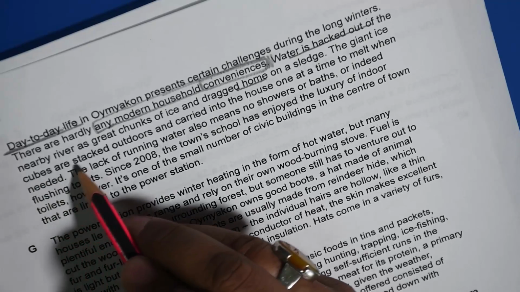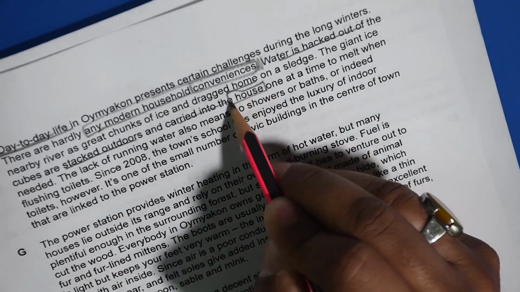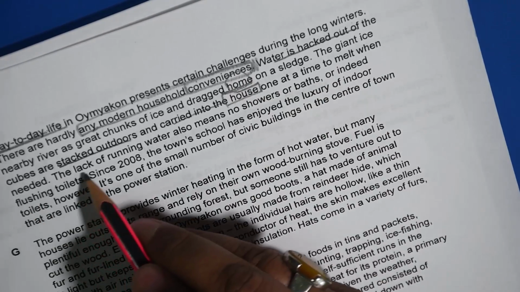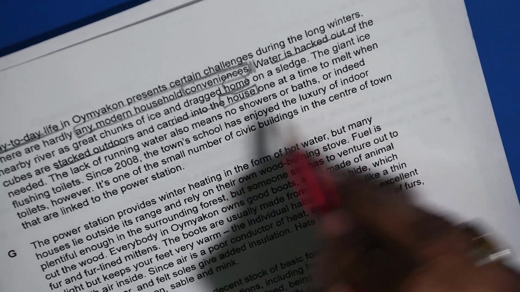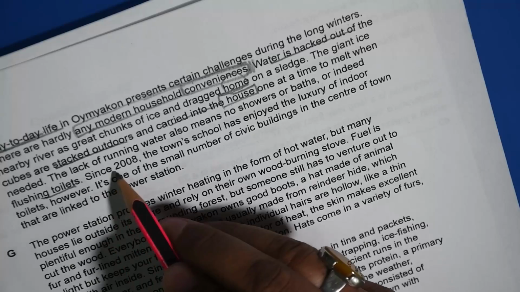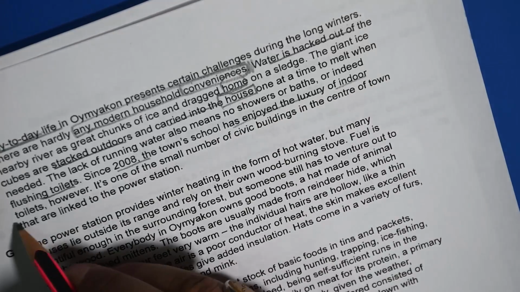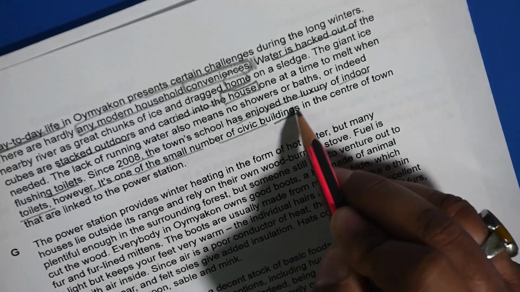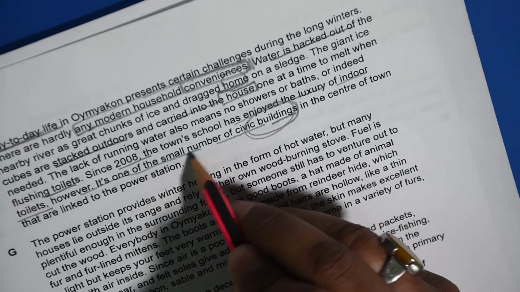The giant ice cubes are stacked outdoors and carried into the house, one at a time to melt when needed. The lack of running water also means no showers or baths or indeed flushing toilets. Since 2008 the town school has enjoyed the luxury of indoor toilets. However, it's one of the small number of civic buildings.